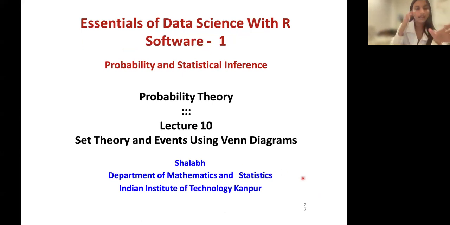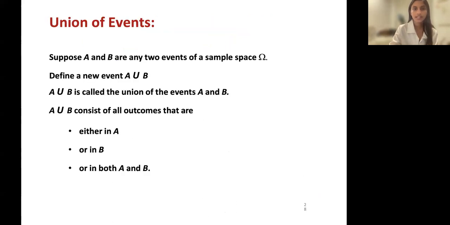Now let's understand set theory and these probability events using Venn diagrams, a concept from set theory. Venn diagrams represent sets using circles. One event, or one sample space, is one circle, and another is another circle.